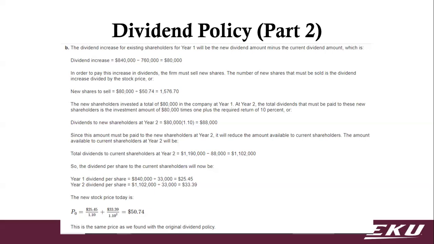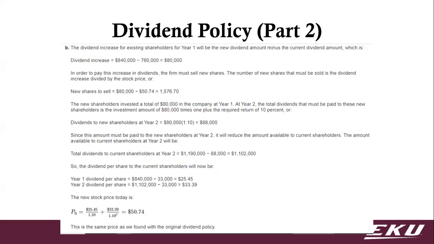So the dividend per share is going to be a little bit different because instead of getting 760 the first year, we get 840. Instead of getting 1.19 million, we're getting 1.102, right? But again, you just calculate the present value and it ends up being the same, right?